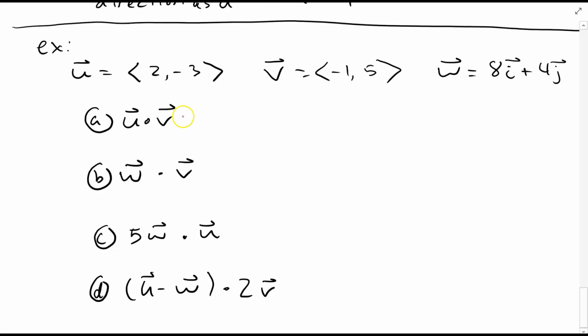Okay, so let's start with u dot v. This should be relatively straightforward. So I'm just going to take the x component from u and multiply it to the x component from v, and then add that to the product of the y component from u times the y component from v.